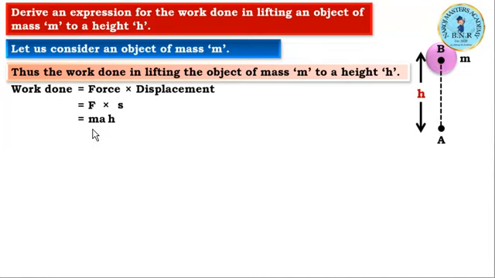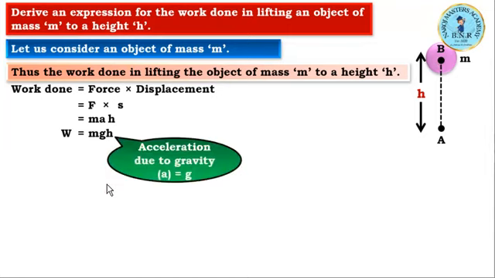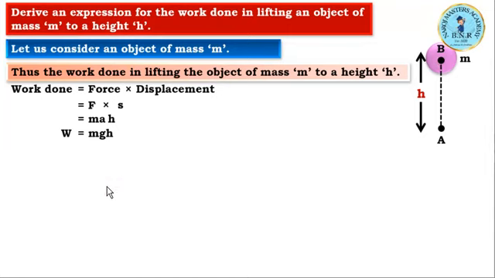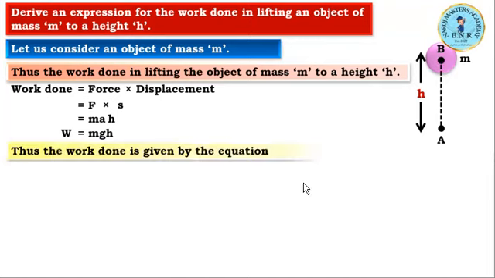So we can write it as W is equal to mgh. Thus the work done is given by the equation W is equal to mgh.